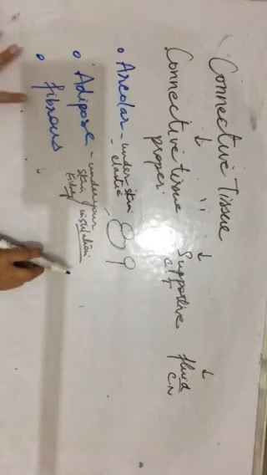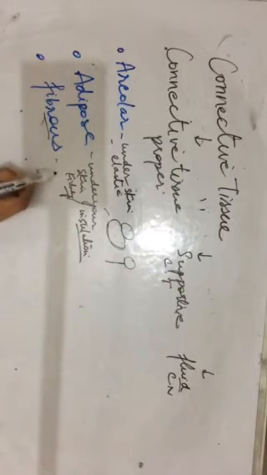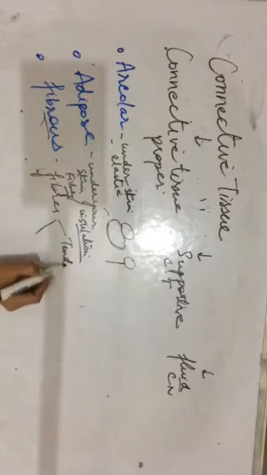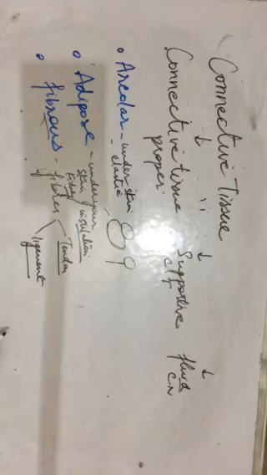And the last one is your fibrous connective tissue. This fibrous connective tissue mainly consists of fibers, and it is of two types: tendon and ligament. You have to remember these two words, tendon and ligament.